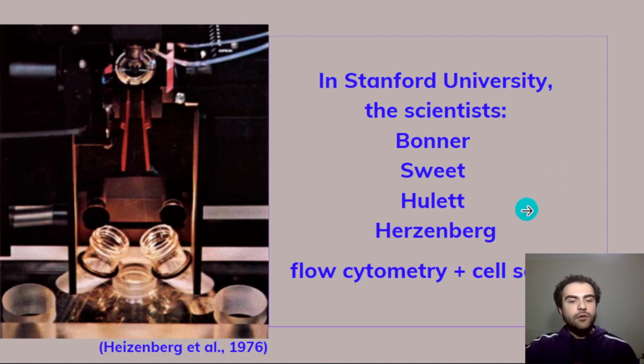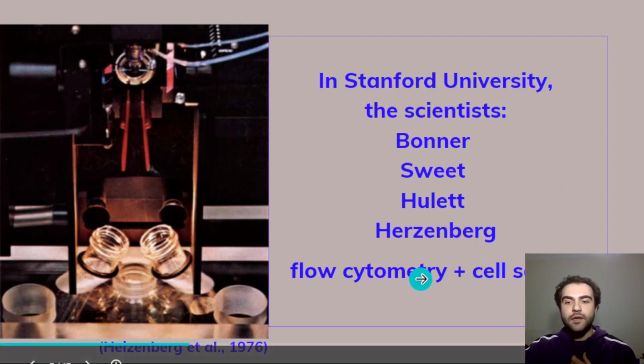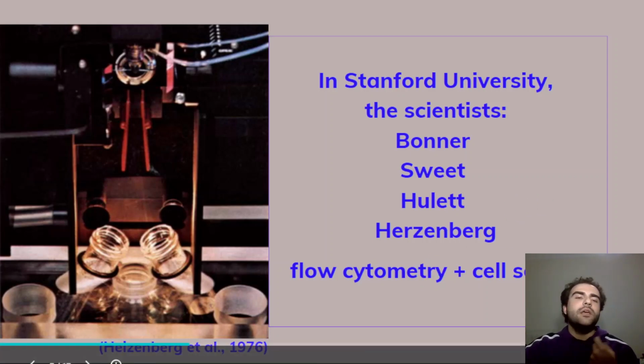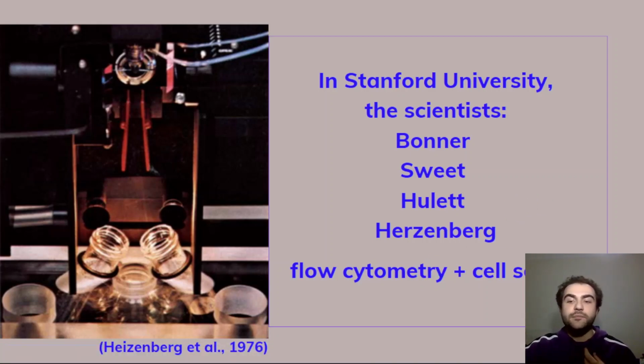Flow cytometry means cell measurement in a flowing liquid. They started with 1 to 2 cellular parameters, but over the years they have increased the number of measured dimensions, which are called parameters.